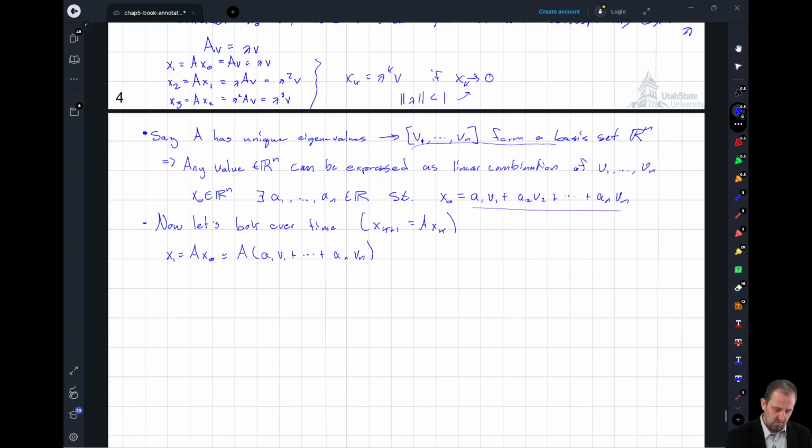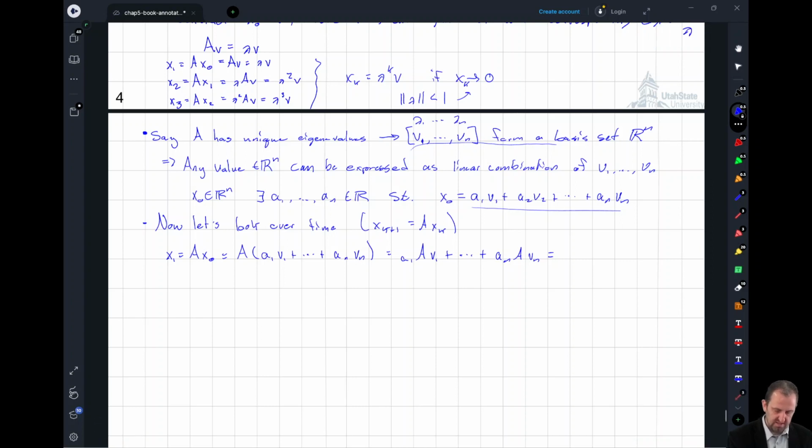Well, this is equal to a1 A times v1 plus dot dot dot plus an, capital A matrix, times vn. Each one of these eigenvectors is going to have a corresponding eigenvalue that we'll call lambda 1 up to lambda n.